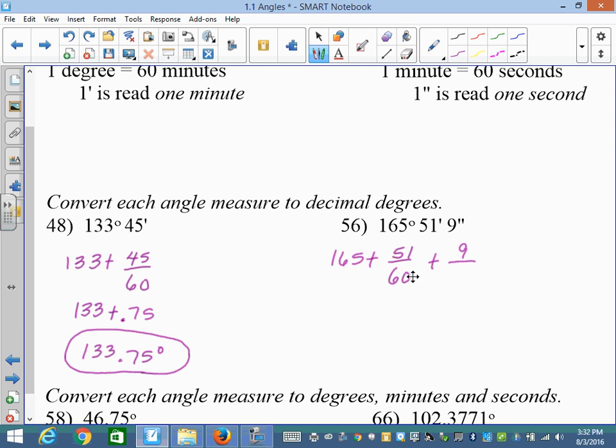Please don't go with 60. There's 9 seconds in 1 minute. And so we need to look at how many minutes are also in a degree. So this is actually going to be 60 squared. So I'm going to, at this point, pause your video and try the problem out. Try your problem out and see if you get the same answer.